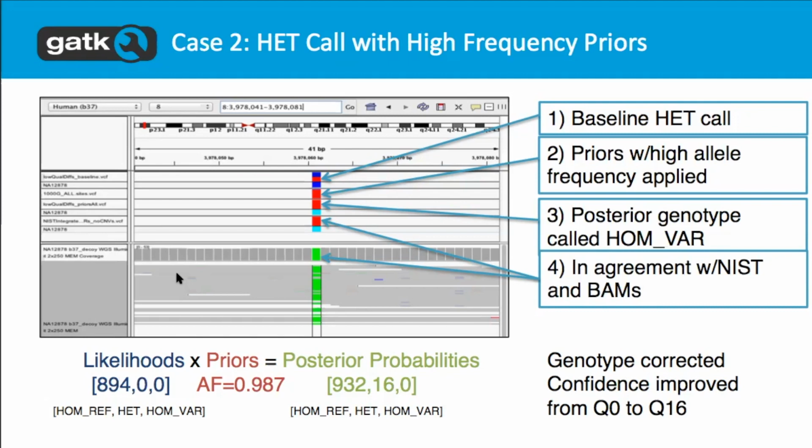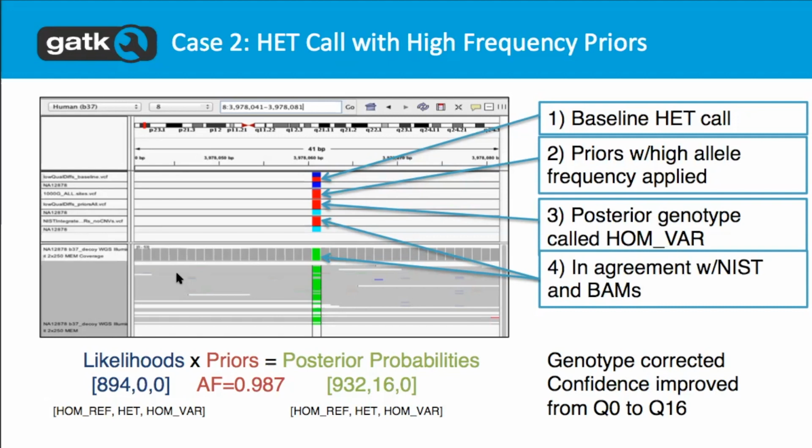Like, there must have been a tiny, tiny difference that made the calculation go one way rather than the other, but it's so close that it's impossible to have any kind of confidence in that genotype. Like as it is right now, it's unusable. But we're going to apply population frequencies, and we know that this variant with that particular allele is really very common in the population.